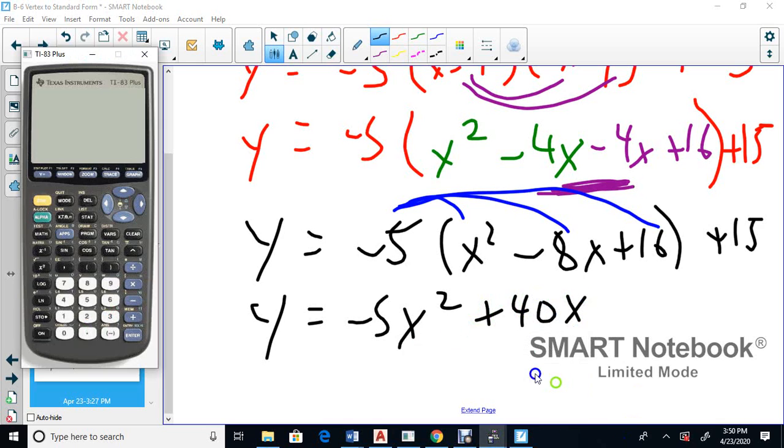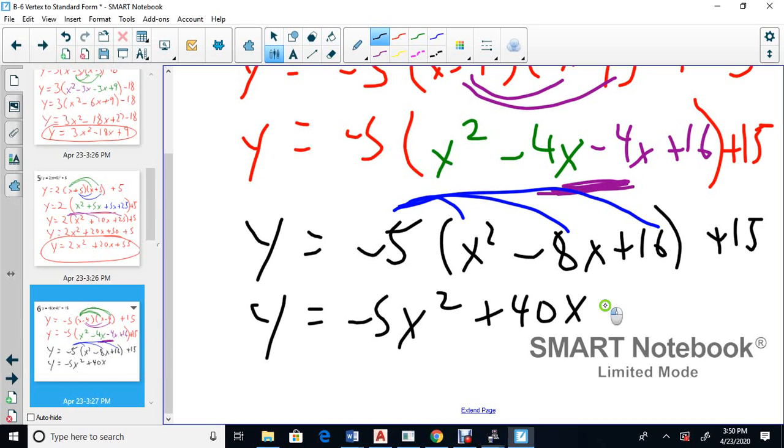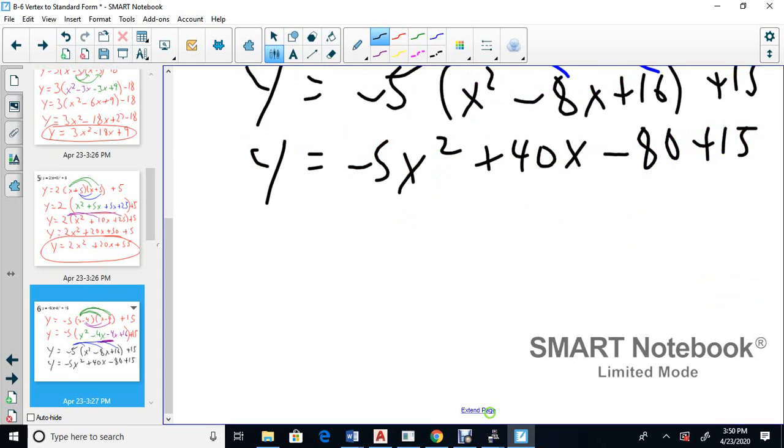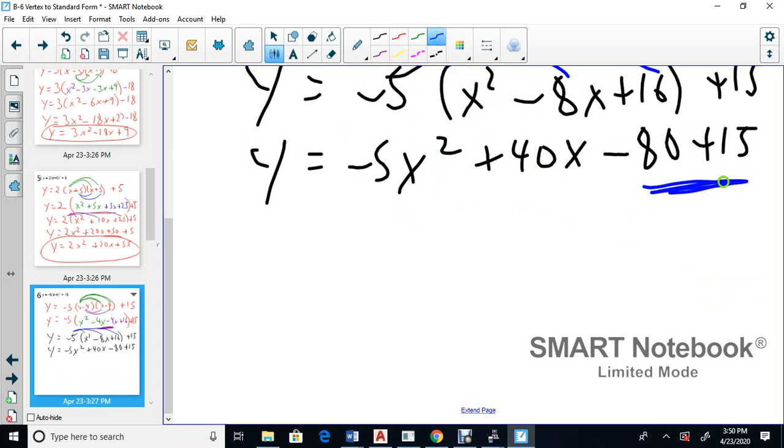So let's go to our calculator. Negative 5 times 16 is negative 80, plus 15. And we'll extend the page. Now we're going to put the last two terms together.